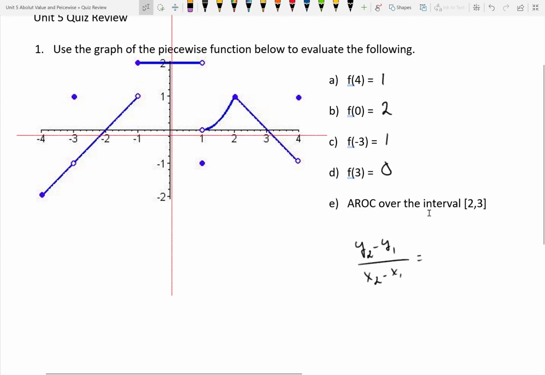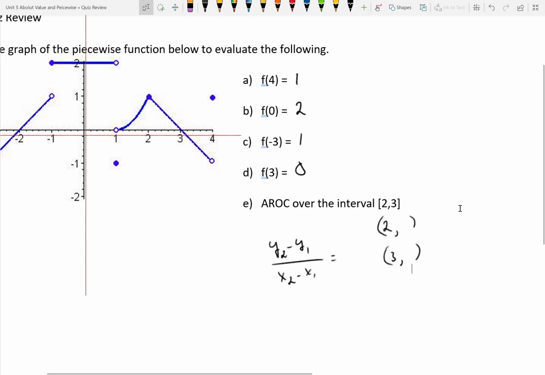So if we just find the corresponding y values here, I'll just write we have 2, and then there's some y value, and 3, and some unknown y value. Let's see, did we evaluate either of these already? Yeah, we already evaluated f of 3, so we can fill that in. It's a 0.